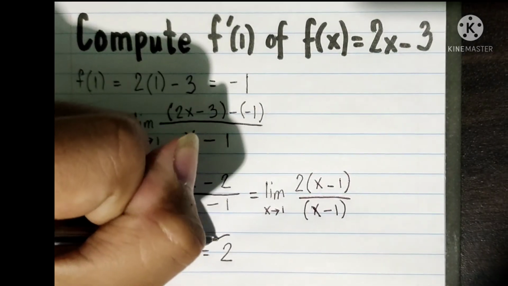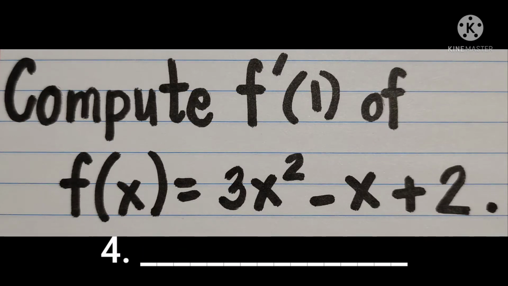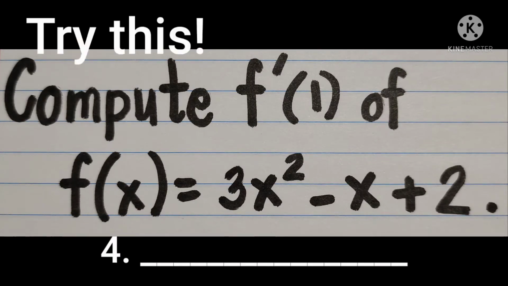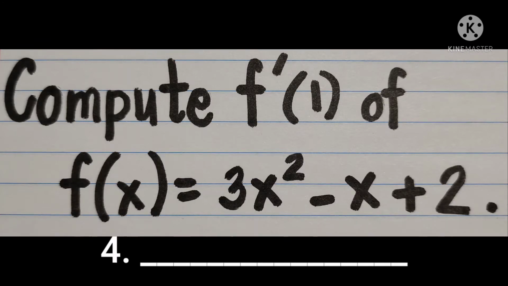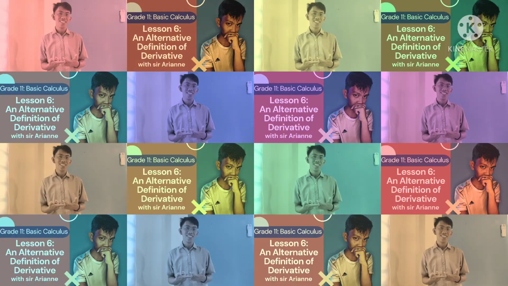Therefore, f prime of 1 is equal to 2. Try this! Show your solution on your study guide. To give you a hint, the value of f prime of 1 is 5. You can do it! Did you do it right? Well then, let's now proceed to our lesson proper.